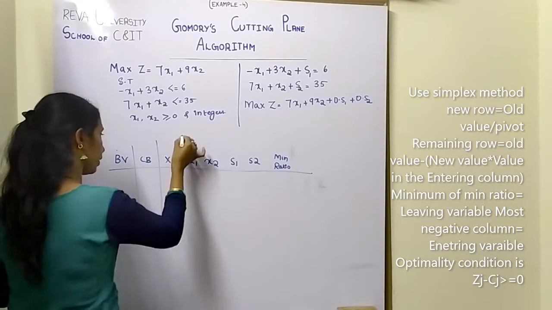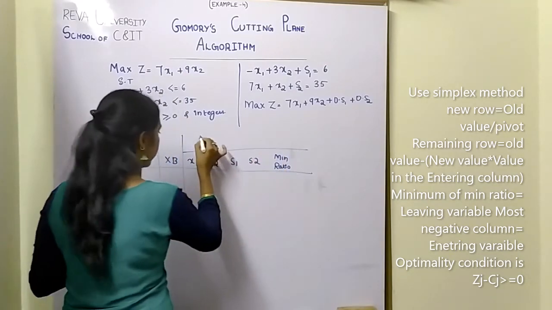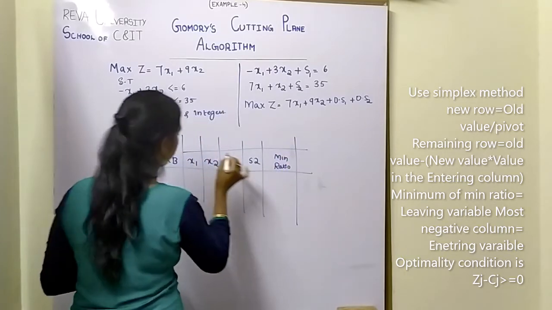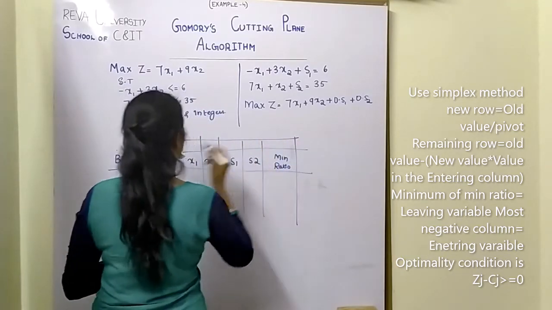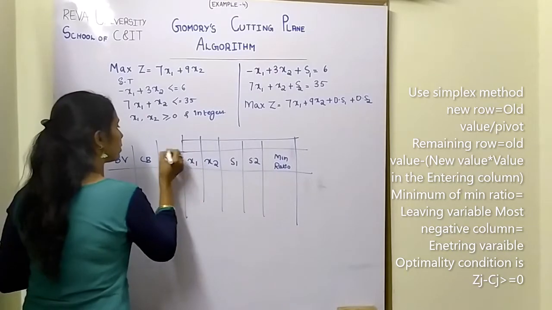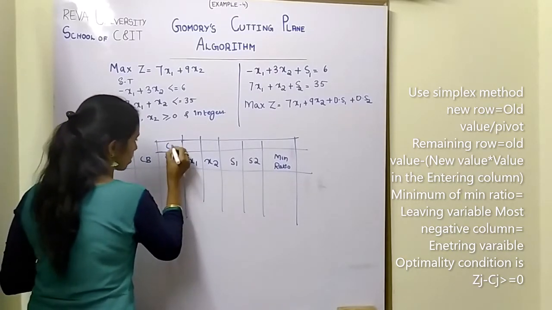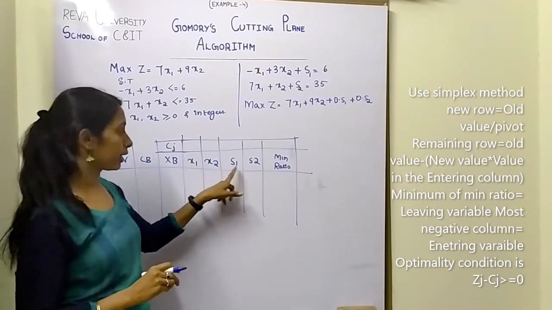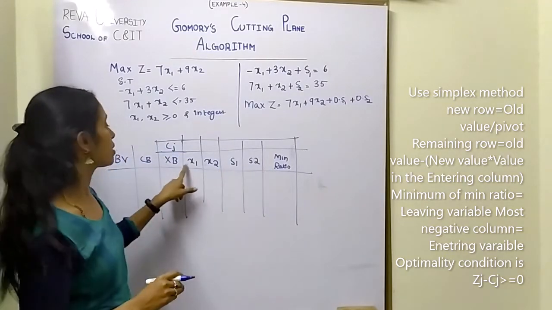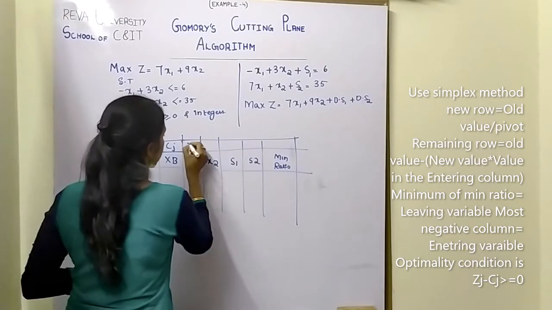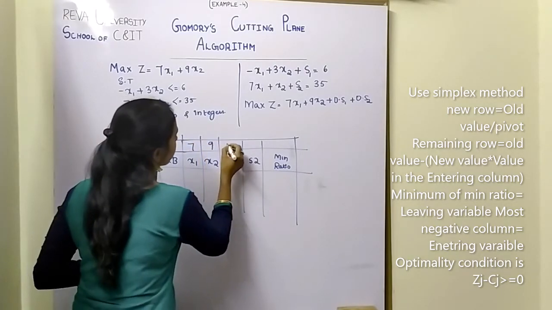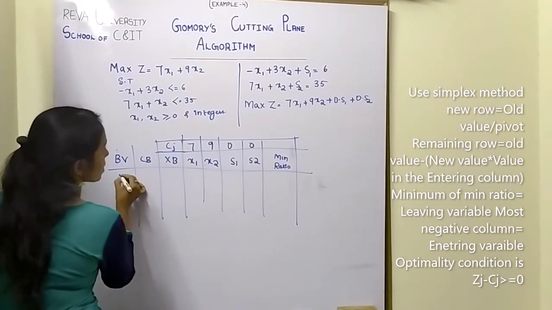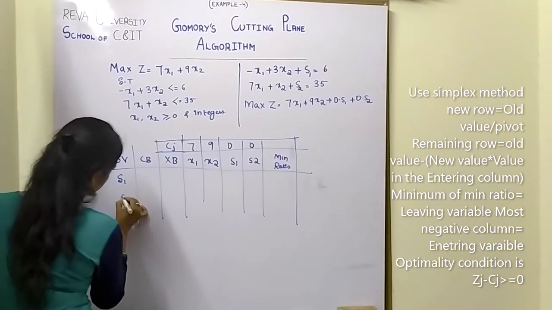Now this represents Cj, the coefficients of these variables in our objective function: 7, 9, 0, 0, and the basic variables are s1, s2.